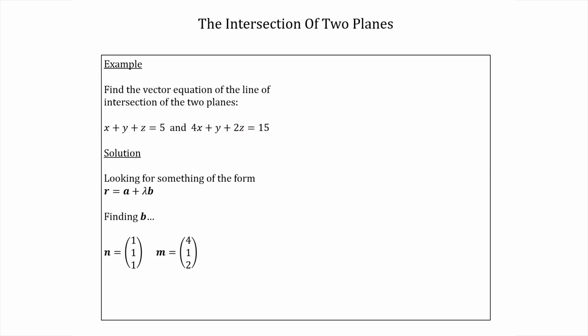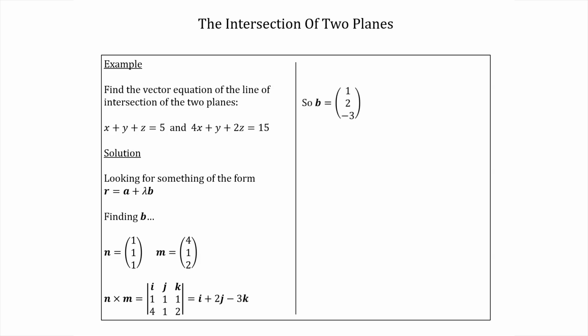The cross product is therefore the determinant of this matrix: i, j, k; 1, 1, 1; 4, 1, 2. We won't go into the detail of taking this determinant here, as we covered this in a previous video. Instead, we'll just state the result, which is i plus 2j minus 3k. So, as a column vector, b equals 1, 2, minus 3.